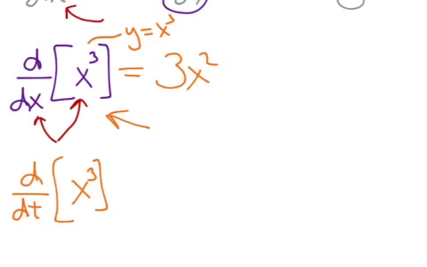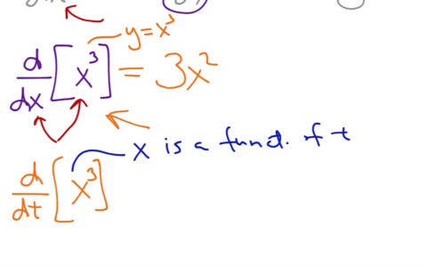So what's really underlying what's going on here is that x is a function of t. Meaning when t changes, x is going to change. And then when x changes, x cubed is going to change. But see, I don't see that connection.